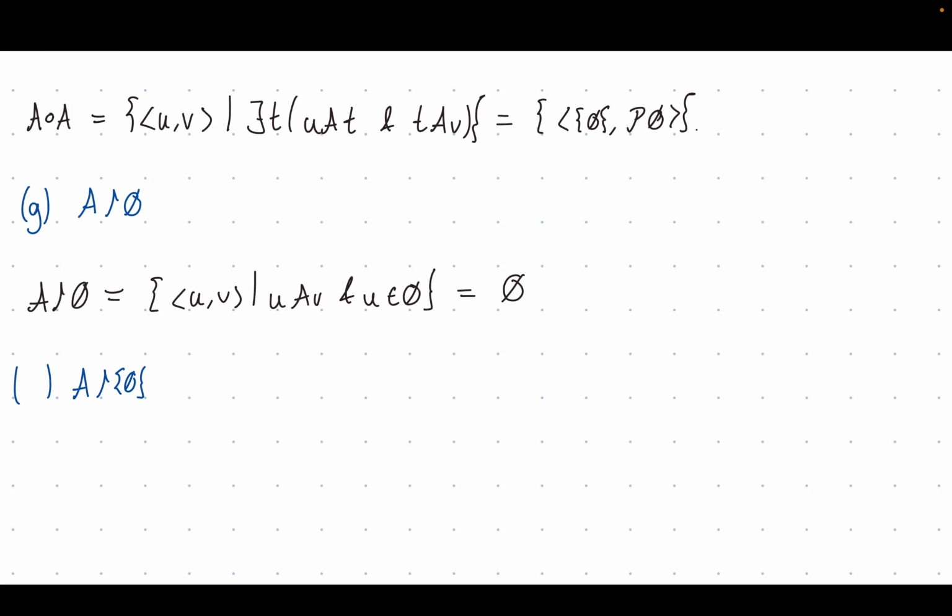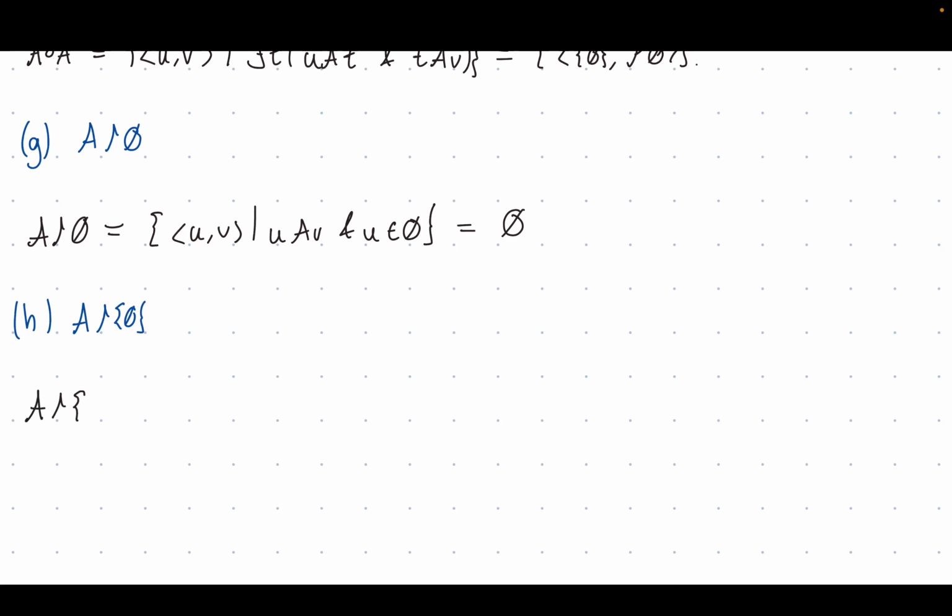And this has to be u comma v such that u A v and u is in the set containing the empty set, which is going to be the set of empty set, comma, power set of empty set.